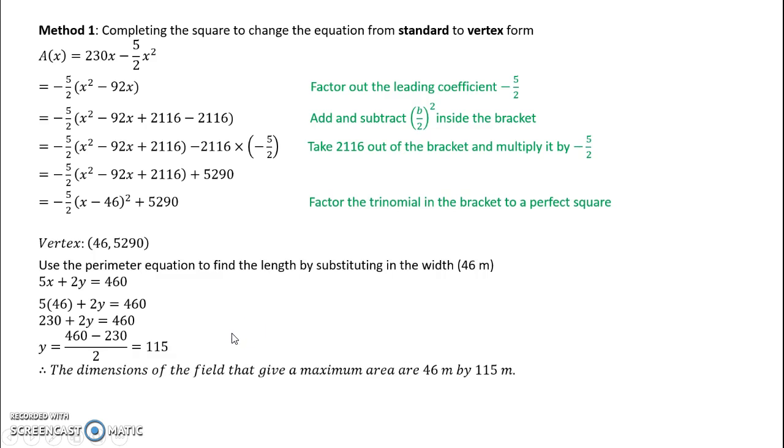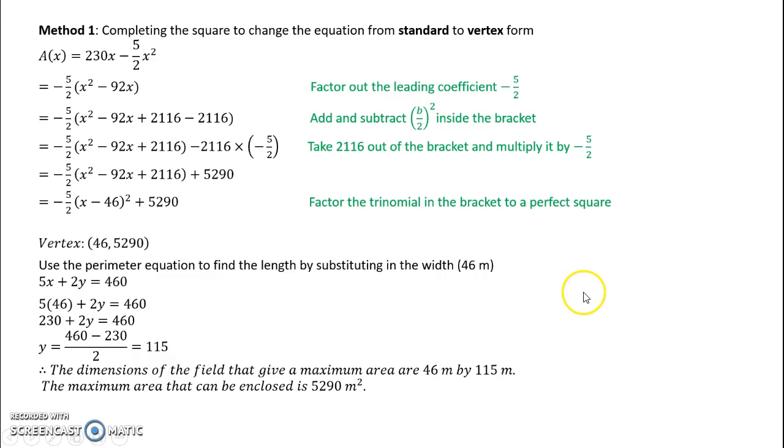Okay, and so we can conclude that the dimensions of the field that give a maximum area are 46 meters by 115 meters. And the maximum area that can be enclosed is 5,290 meters squared. Okay, so this is one method of finding the dimensions and finding the maximum area.